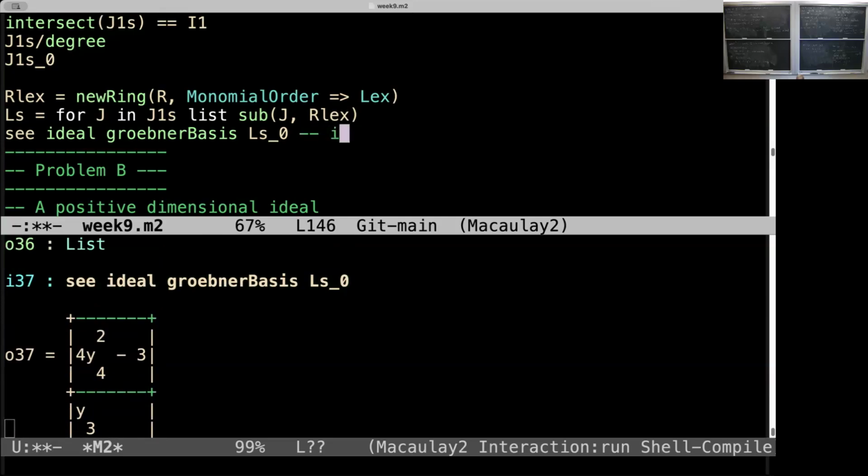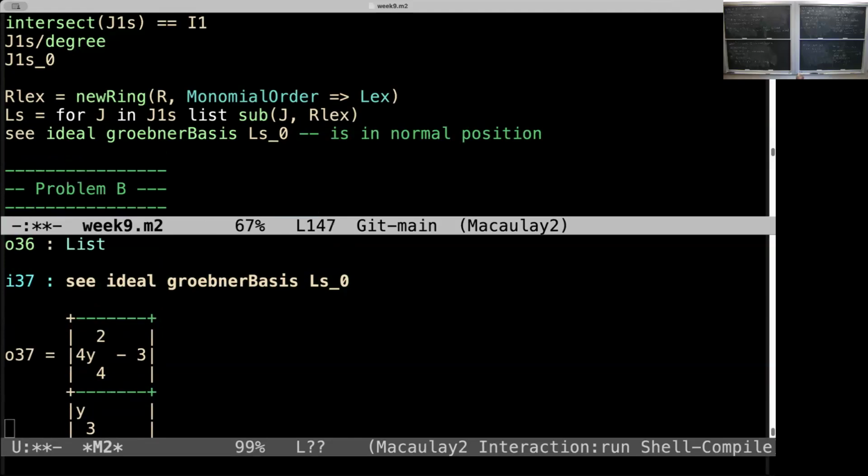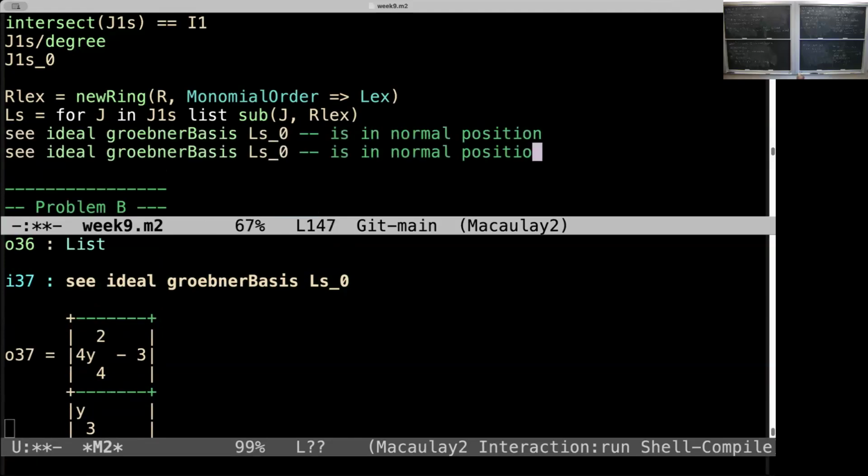So this one here is in normal position. That means we have to factor this thing here, but it doesn't factor over Q. Now, if we wanted to do this over the algebraic closure, we could factor that by adding in a square root of 3, like adding in a root 3 over 2. But anyway, so now let's do the second ideal and just see where we stand.